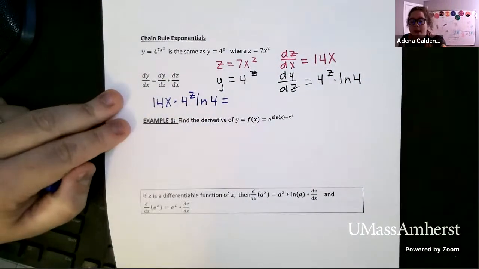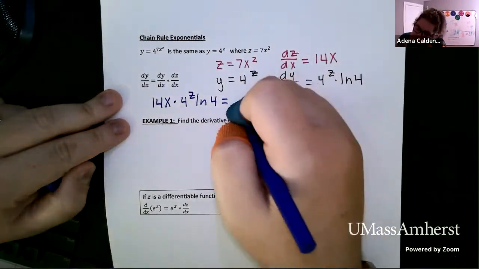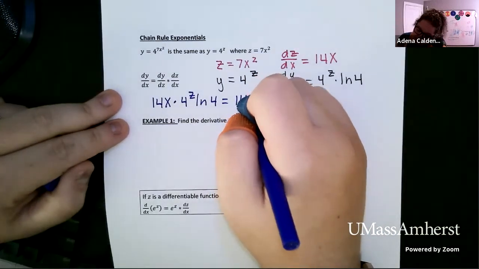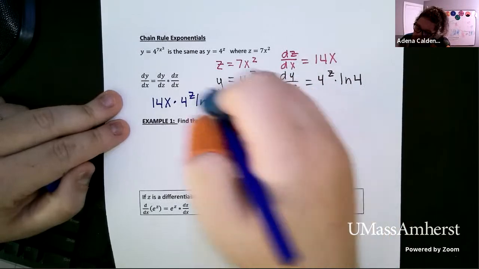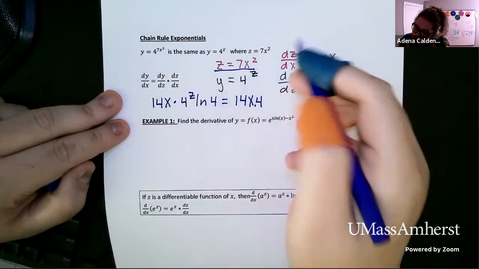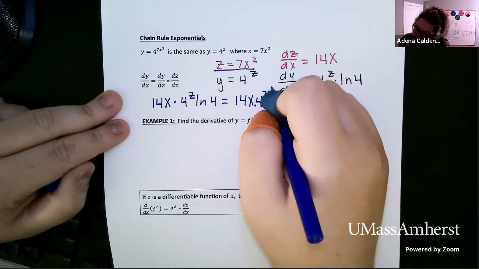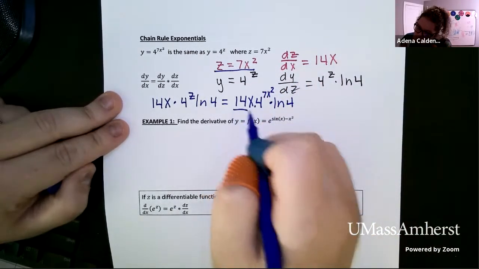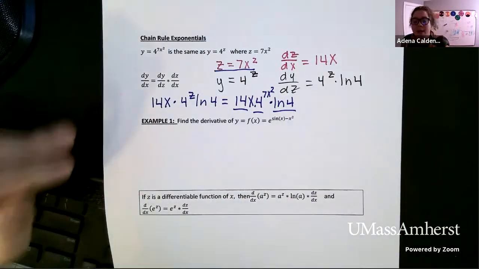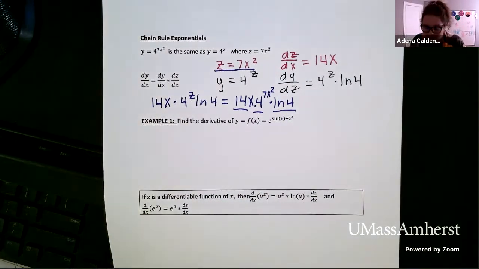And just like last time, we don't want a z in our final answer. So we get 14x, 4 to the 7x squared, so we substitute back in, times ln 4. So these are the three terms that we have from multiplying together.